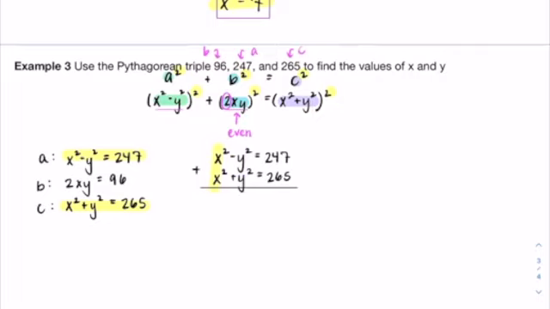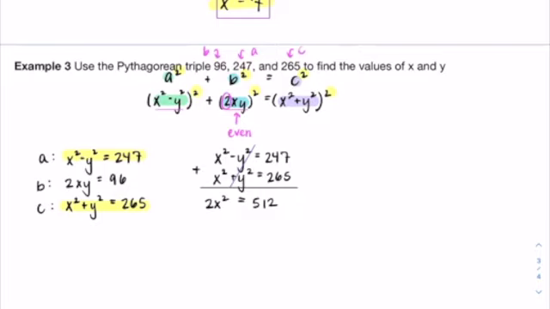So x squared plus x squared would be 2x squared. And then negative y squared plus y squared just cancels out to 0, so I just cross that off. And then equals 247 plus 265 is 512.